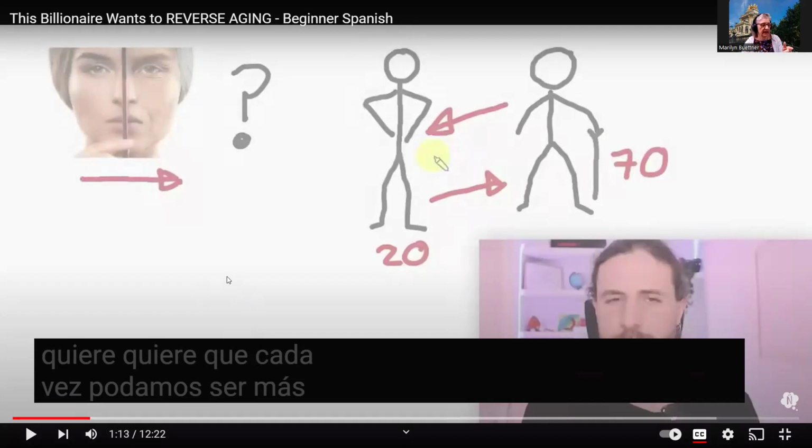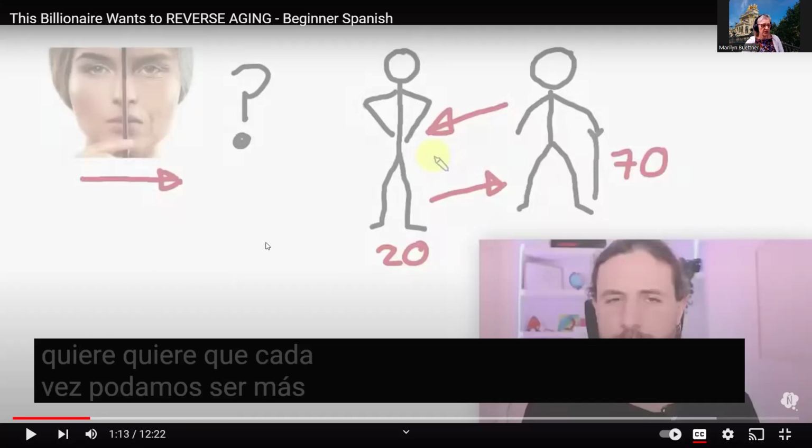Yeah, quiere que. He wants that all of us can do something. And this is not podemos, it isn't a mistake. When somebody wants somebody else to do something, that second verb becomes what we call a subjunctive. And that podamos comes from poder, to be able to, can.